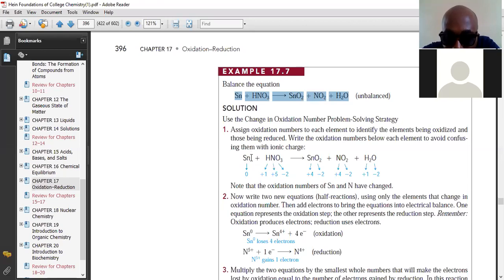The tin was alone, so it's 0. Then this one is plus 1, you remember the rules, minus 2, plus 5 for the nitrogen. Then for this one, the nitrogen is plus 4. In the water, there is a plus 1 and a minus 2.